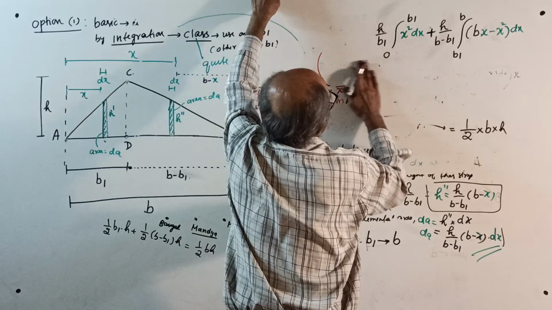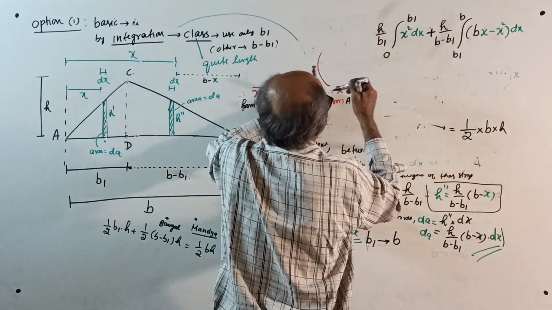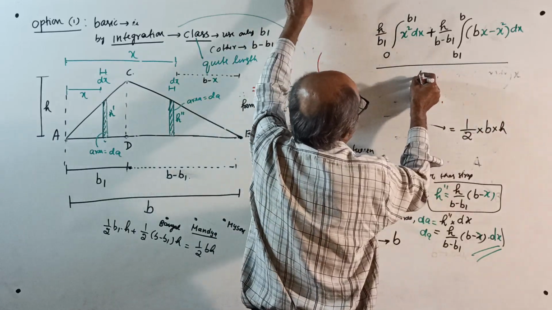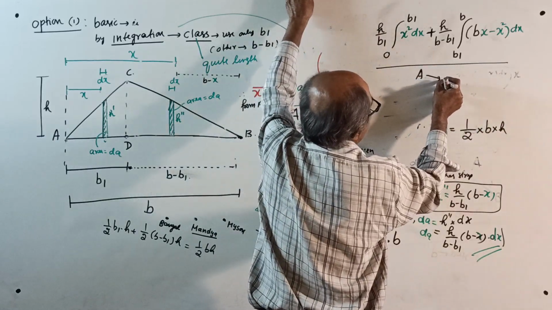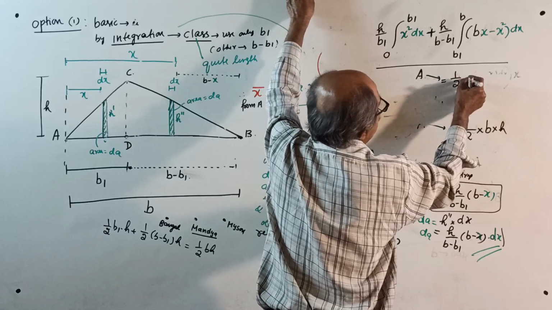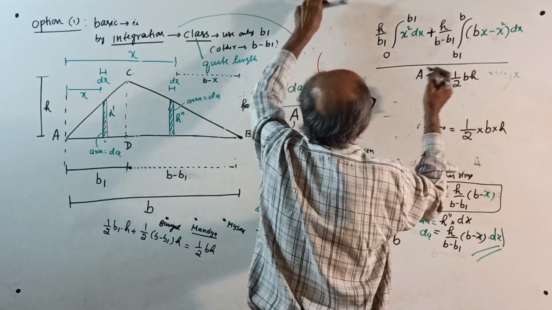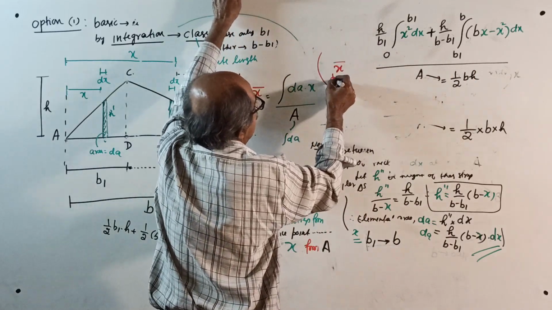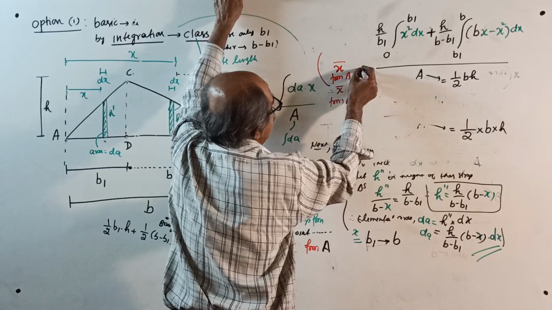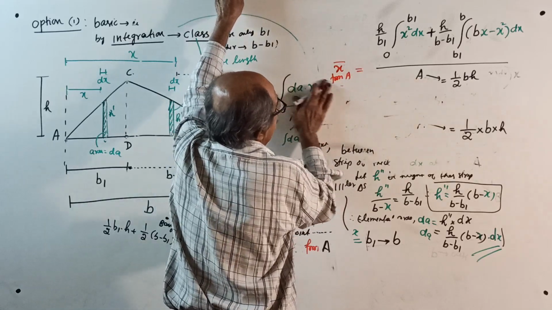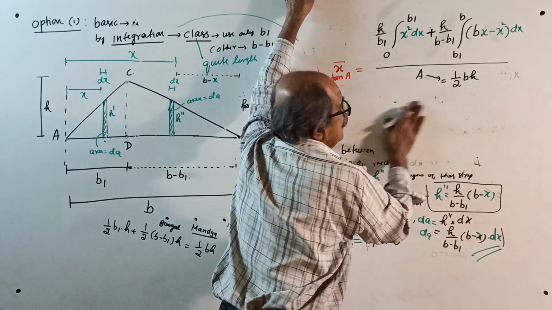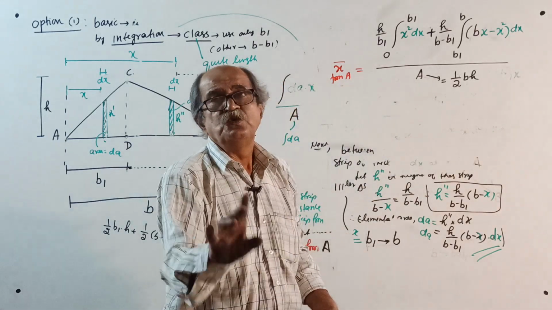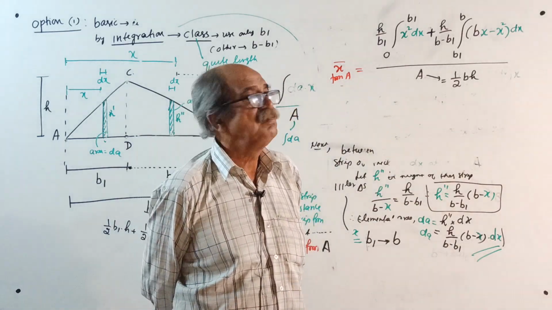Then actually you should write somewhere here, divided by total area, that is equal to half into base into height. Okay, this is your x bar from A equal to. Now I will tell you one thing. I can leave this for you; you can do the integration.